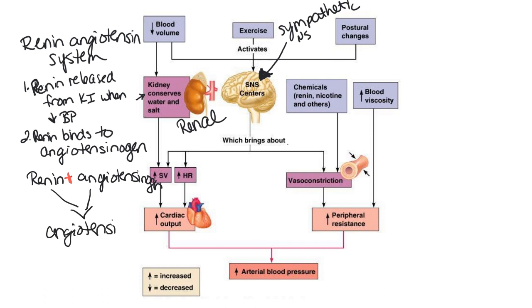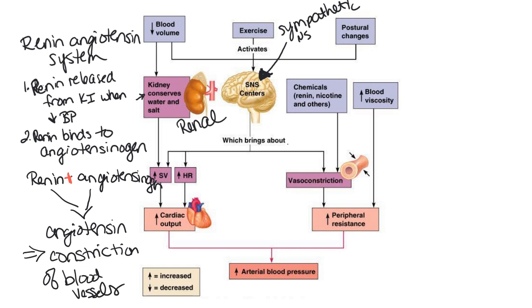And what angiotensin is going to do is constrict the blood vessels. And so what I get from forming that angiotensin is a constriction of the blood vessels. And as we see on the diagram over there on the right, when we constrict those blood vessels, we're going to start bringing blood pressure back up.